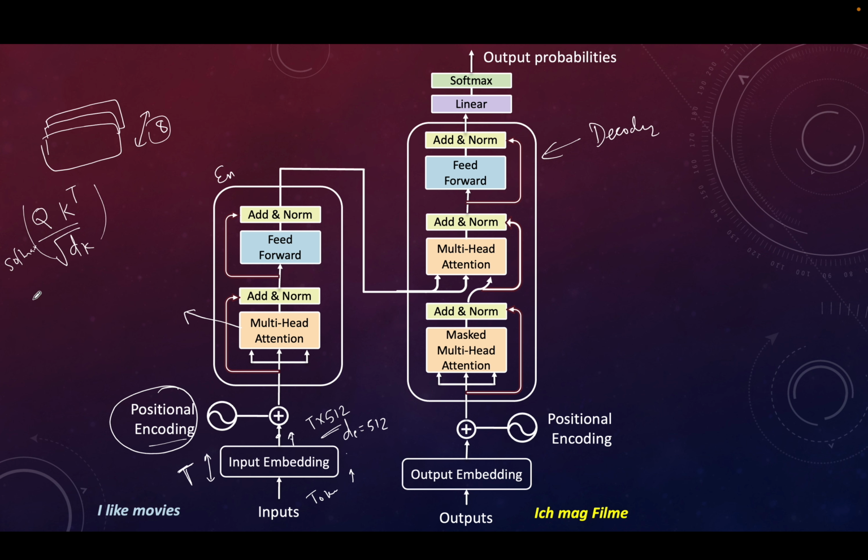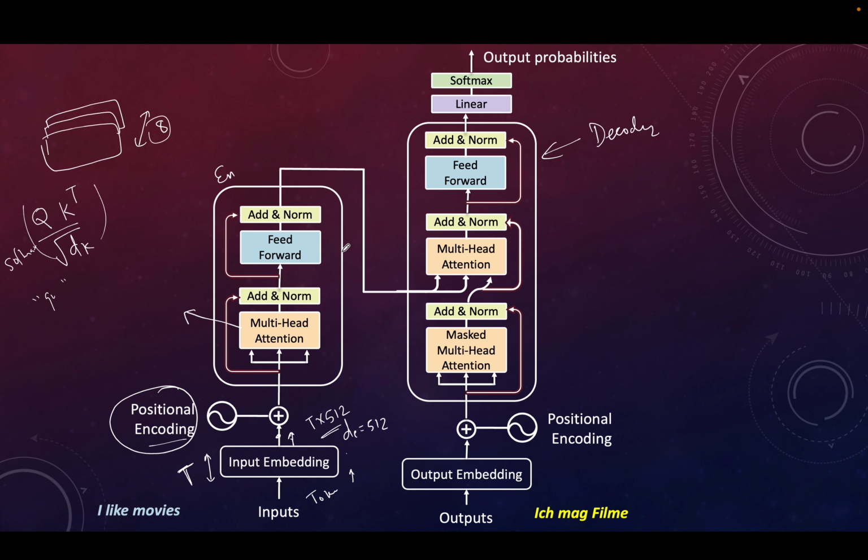So for any given query word, we found which other words in the sequence were relevant and how much relevant. Then we did not add any notion of position there.